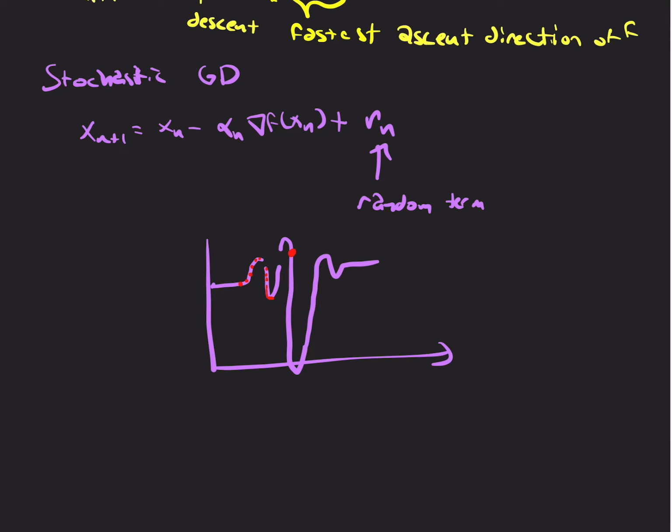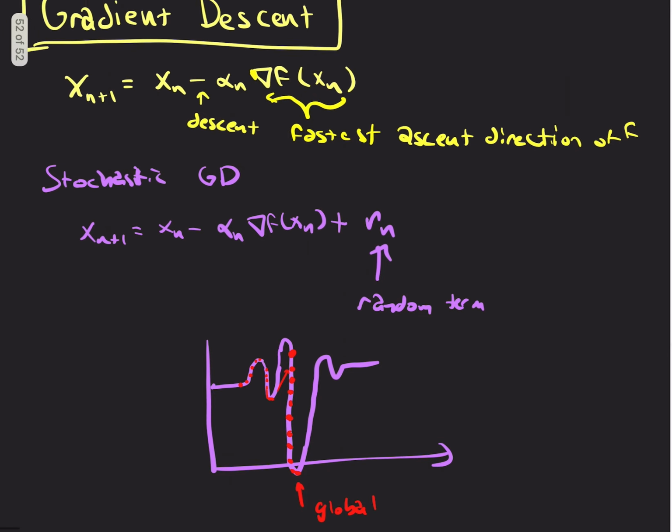No, not this one, because that would still be in the same basin. So just randomly, I might jump from there straight to there, and now I'm catching this basin of attraction here, and then I just got lucky, and that ends up being the global minimum there. And not necessarily global, but at least a better local minimum in the optimization landscape. So that's all there is to stochastic gradient descent.